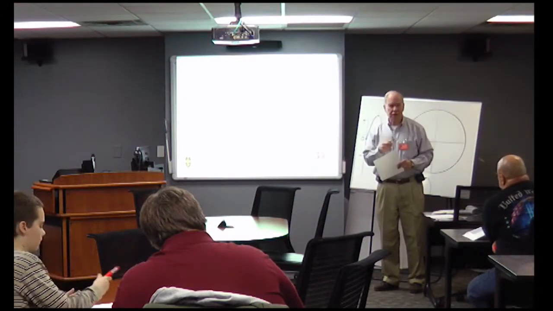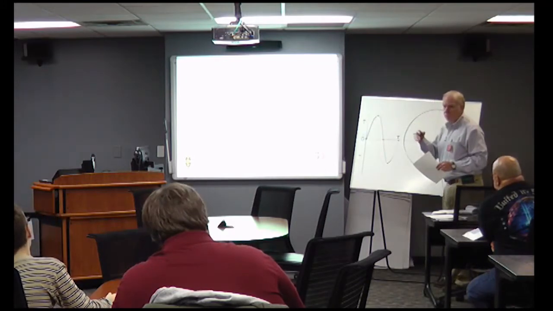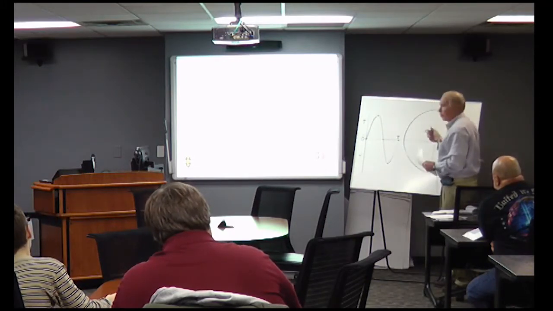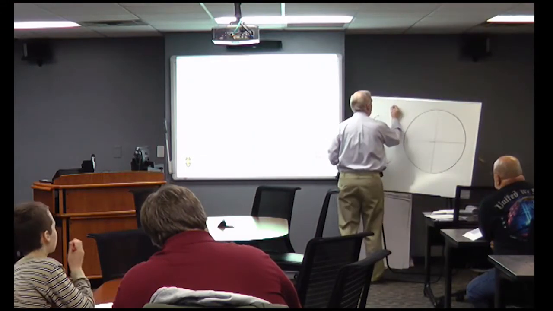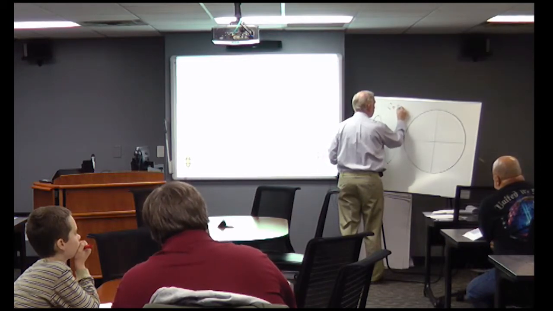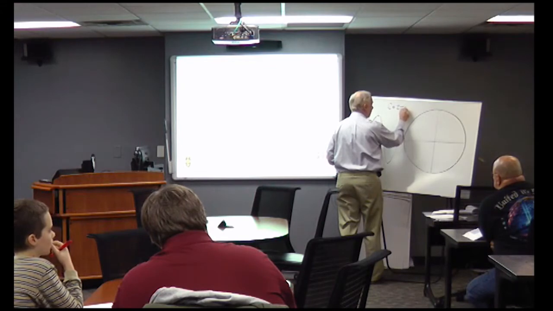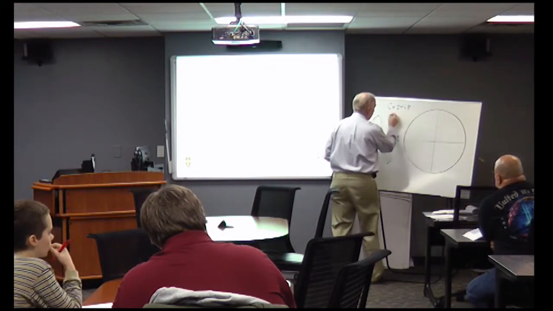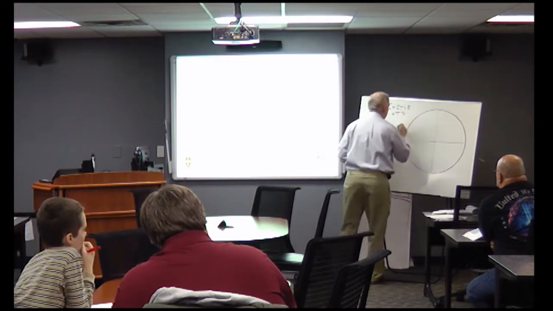Now if we were to look at this in terms of a circle, those of you who have memory of basic math will remember that the circumference of a circle is equal to 2 times pi times r. And that's really pi times diameter.